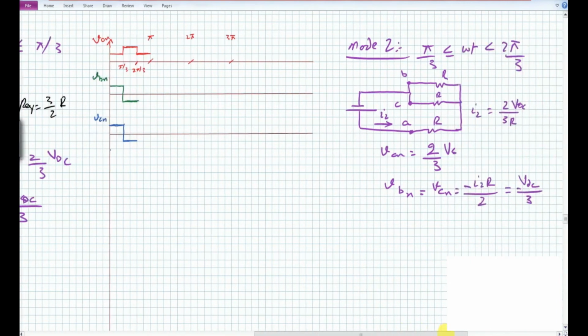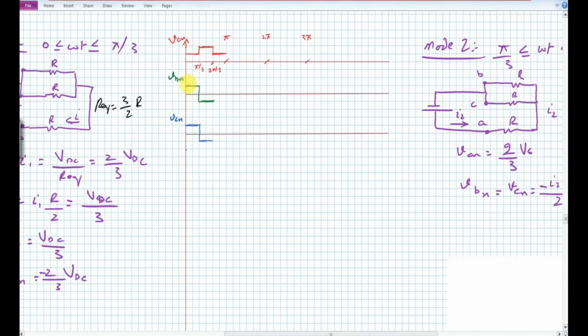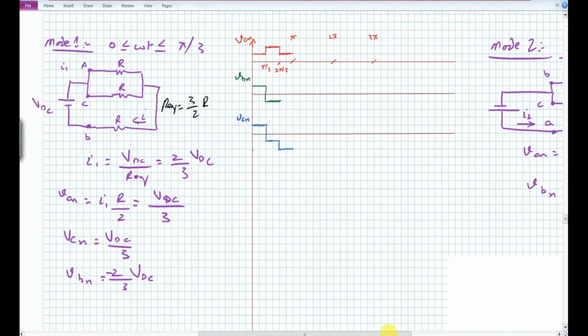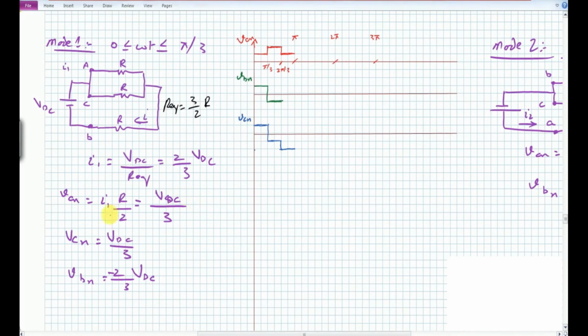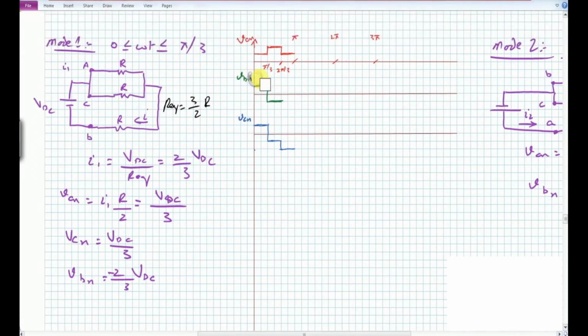In the third subinterval, this VCN is equal to minus 2 by 3 VDC. So that will be something like this, for the period till this pi. For this VBN, during this mode 1, we have also made it wrong, so let us remove this one here.